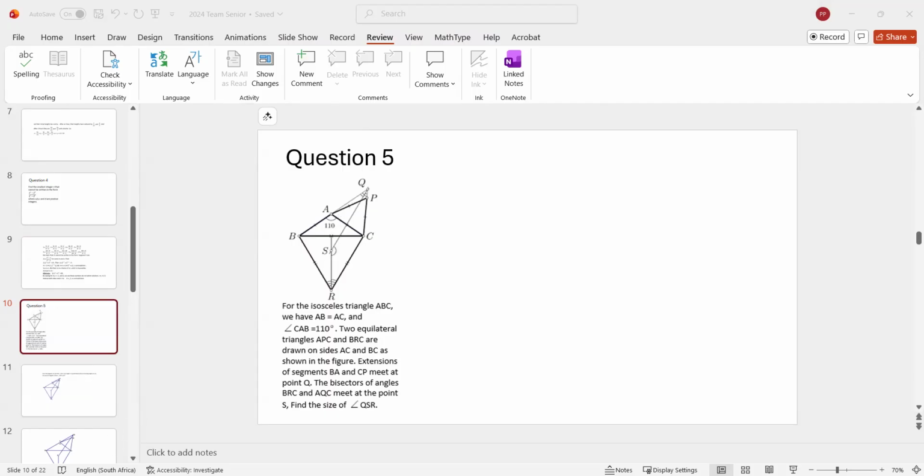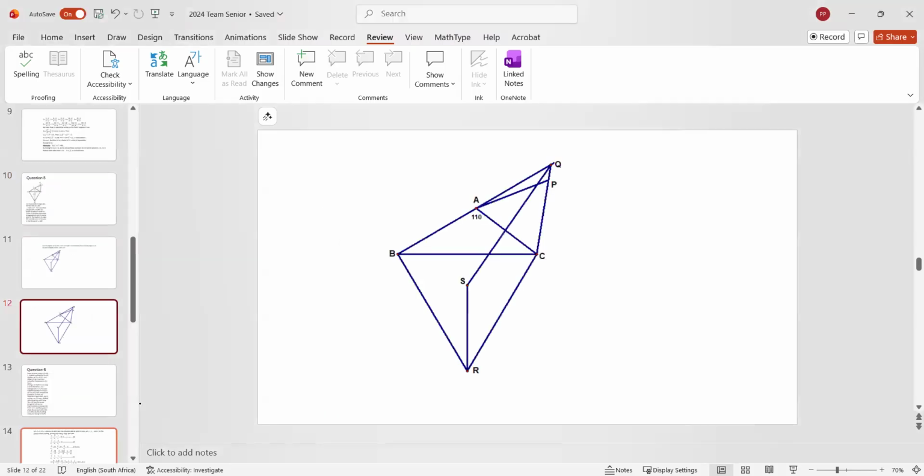I've redrawn this here so we can do what we call angle chasing. All right, remember we said AB is equal to AC. Now we need to get QSR. That's your X. Now, if this is 110, these two add up to 70. So each of these is 35.